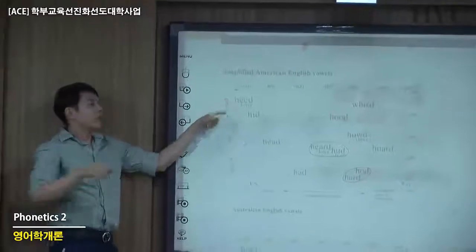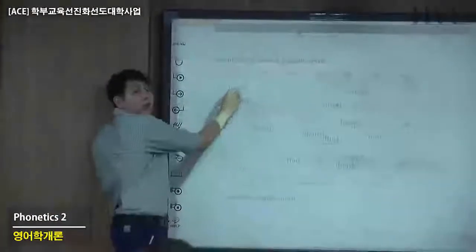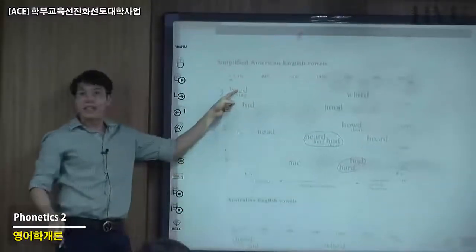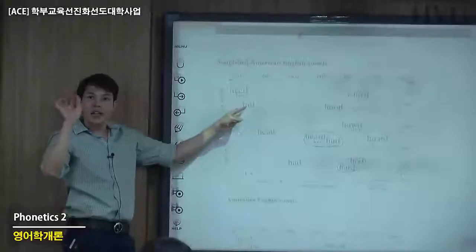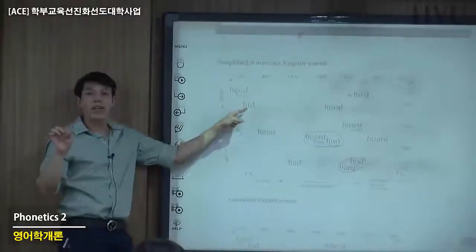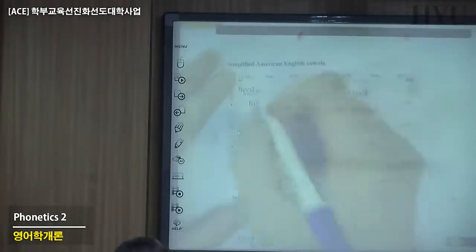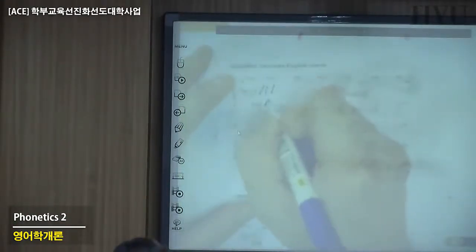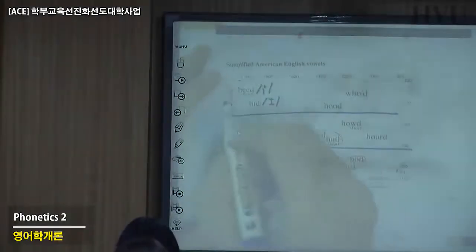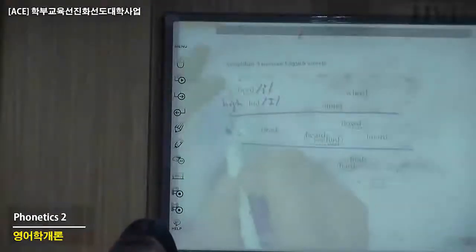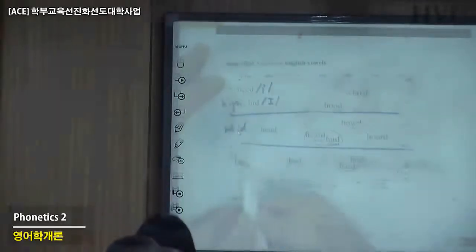Heed. So the E sound is spelled with double E. And then the I, which is the capital I, is hid, like that. So I'll mark the distinction. So this is the E sound, this is the I sound. So high, mid, and low, right?